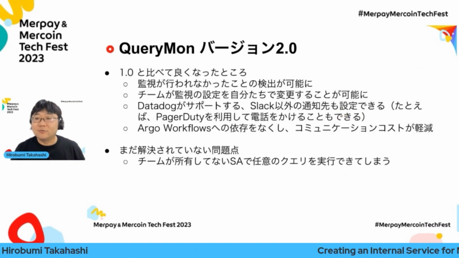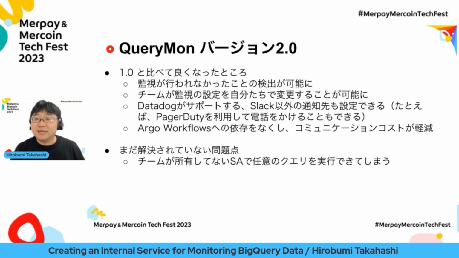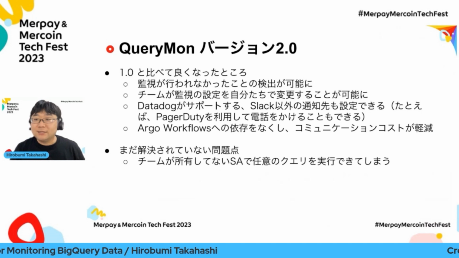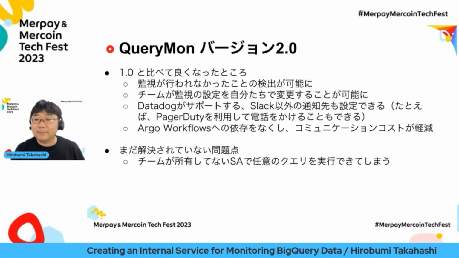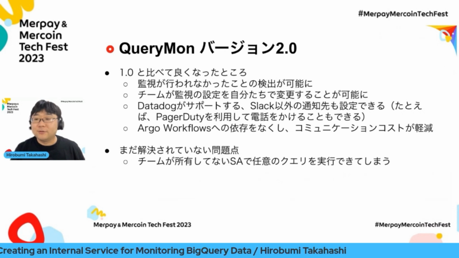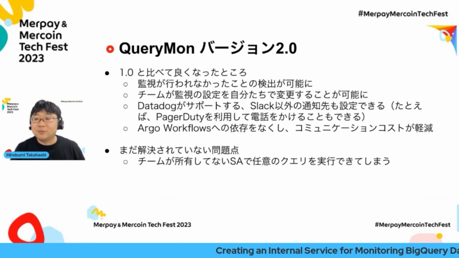Version 2.0, compared to 1.0, has several improvements. By using the Datadog alert condition function, we are able to find out when the monitoring is not done. Also, the monitoring setting is set within the Cloud Scheduler within the team, so now the team is able to make changes to the monitoring configuration, and we are also able to set a notification method other than Slack.